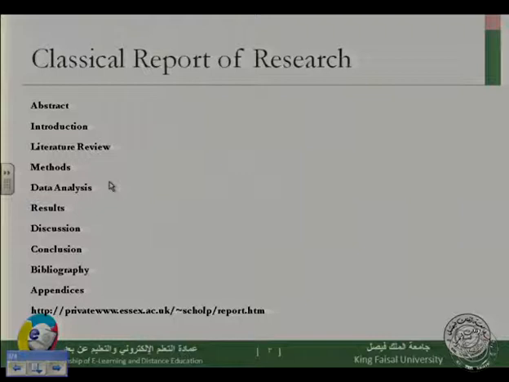Although each article and each piece of research, be it dissertation or thesis, has to have an abstract at the beginning of that research or that article, although we put abstract in the beginning of our research, it is not written until the very end of our research. Why? Because an abstract is like a summary. It's not a summary, but it's like a summary of your research.